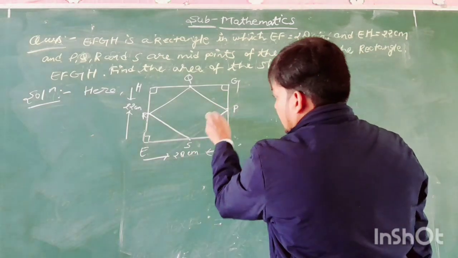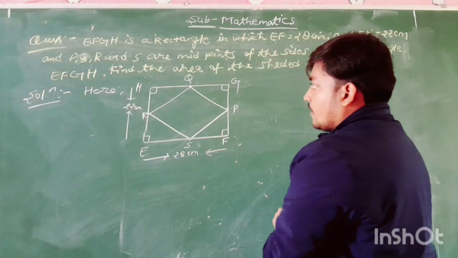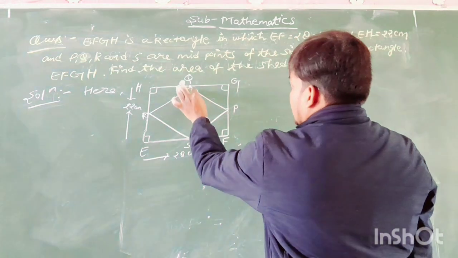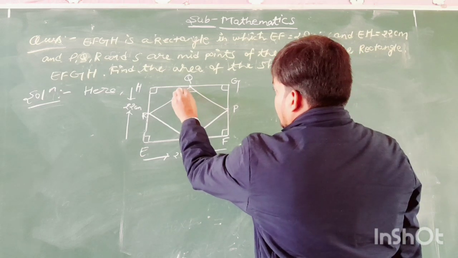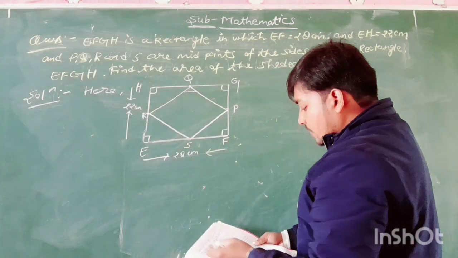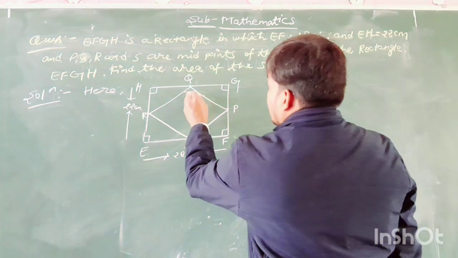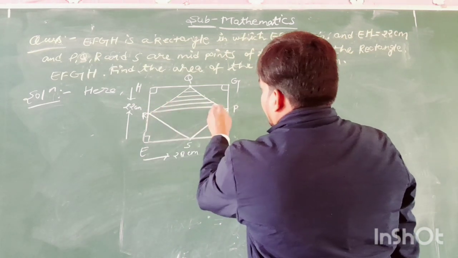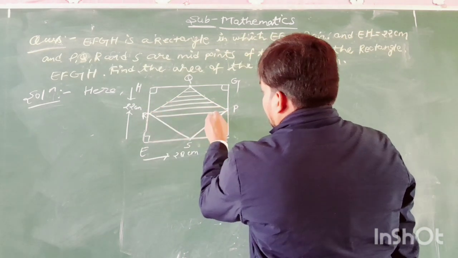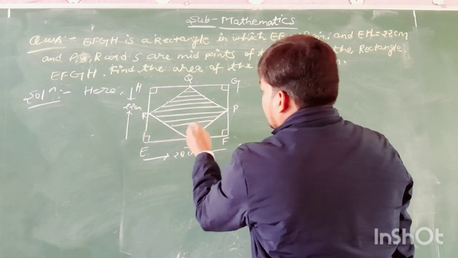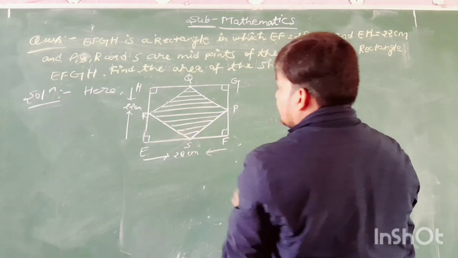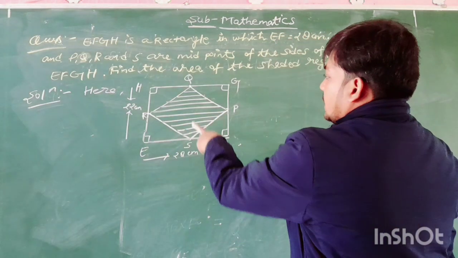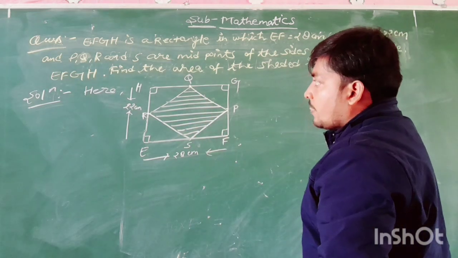The shaded region will be quadrilateral PQRS, and we have to calculate the area of the shaded region PQRS.